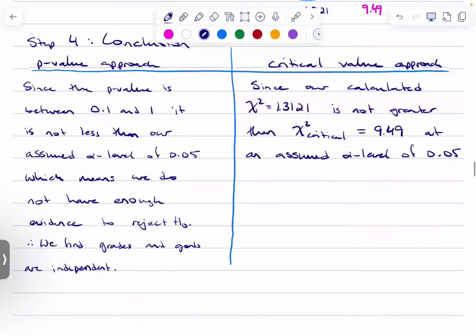Now notice, at this point, we just kind of pick up and have the same conclusion either way. Of course, they should match, right? And so, since our calculated chi-squared is not greater than our critical value at an assumed alpha level of 0.05, we do not have enough evidence to reject H naught.